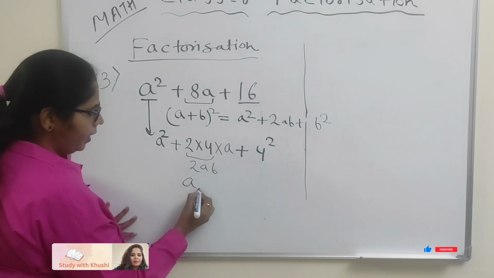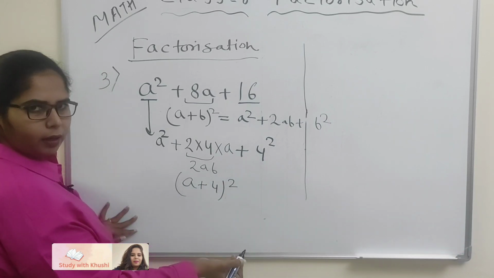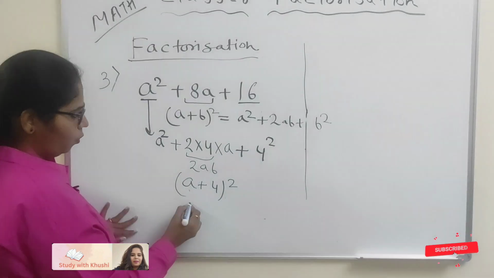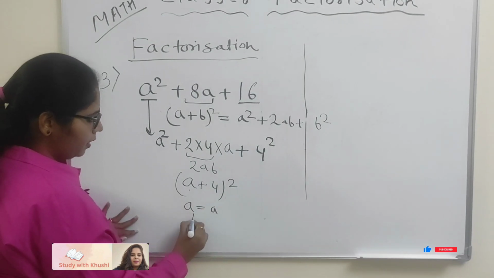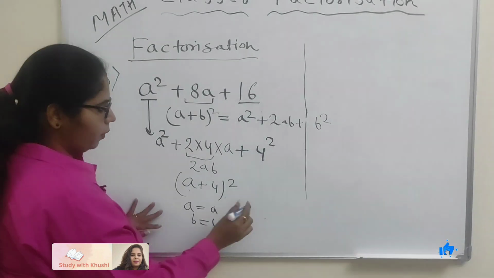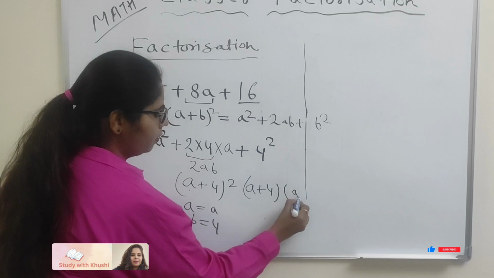A is a only in this question, and b is 4. So can I write it as a plus 4 the whole square? Because a is a and b is 4. So a plus 4 the whole square is a plus 4 times a plus 4.